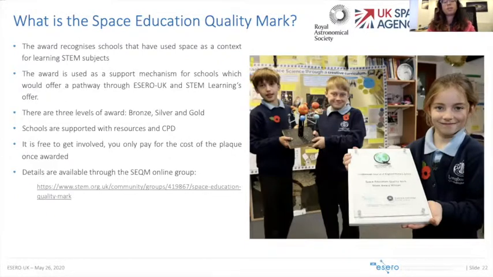You submit your resources and evidence online, and then we mark it, and you can get an award. It's completely free to enter, but I think it costs £100 to get the plaque to put in your school. And it's just like all the other education quality marks, but this one is around space.